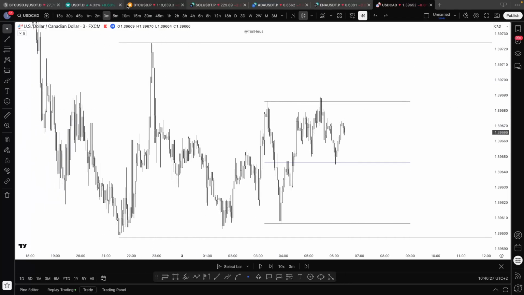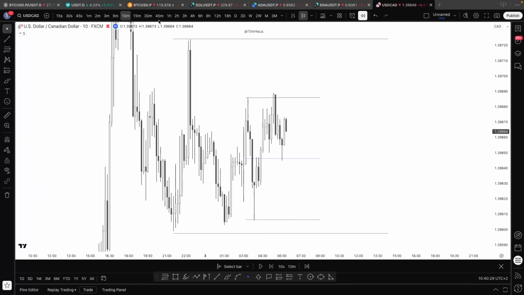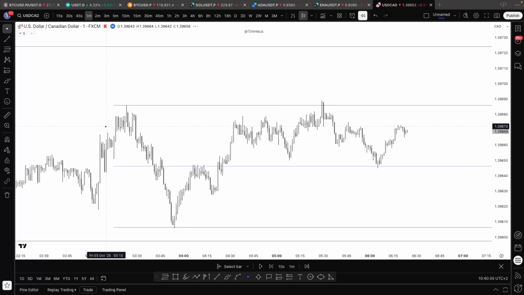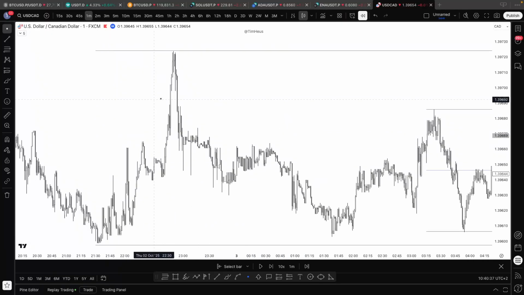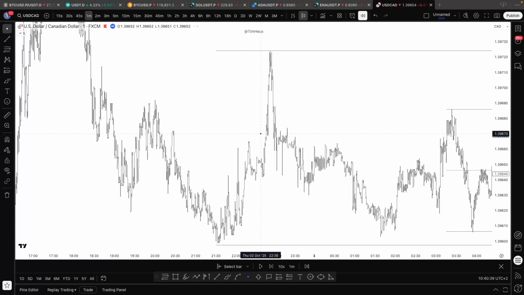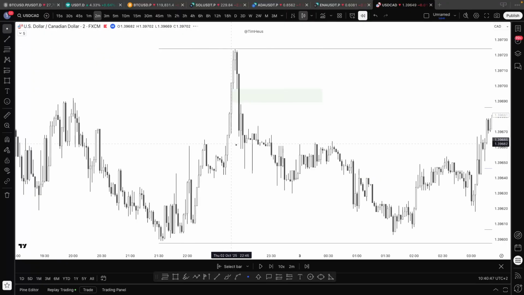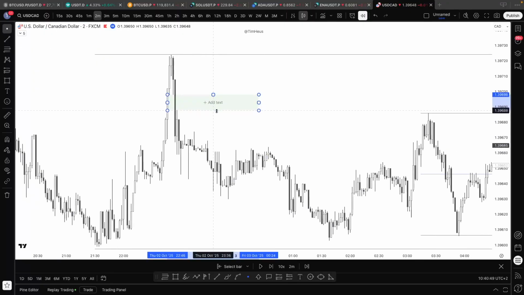Okay, let's see what our tap 3 POI can be, because we already have a tap 2, and I'm watching for this now to have some sort of supply. But there isn't really any supply in a range. What we do see is this inefficiency right here. Is that also an inefficiency on the higher time frame? Let's see. Yeah, we can even draw it a bit lower.